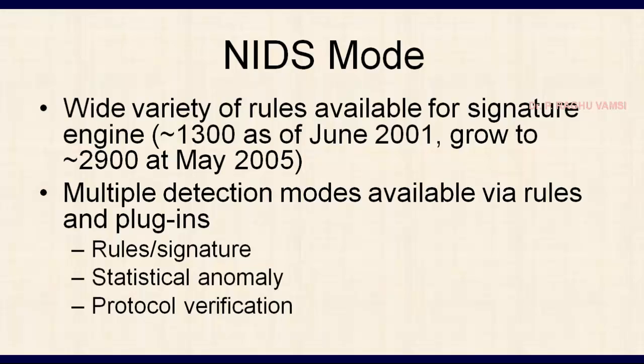Multiple detection modes are available via rules, such as rule signature, statistical anomaly, and protocol verification. That means it will give you statistical information about the network capture: how many ICMP, TCP and UDP packets were received. And for protocol verification, if you want to receive only ICMP, it will check whether only ICMP packets were received or not.